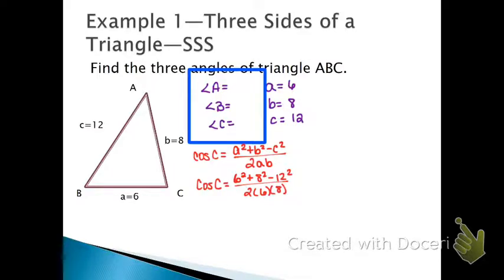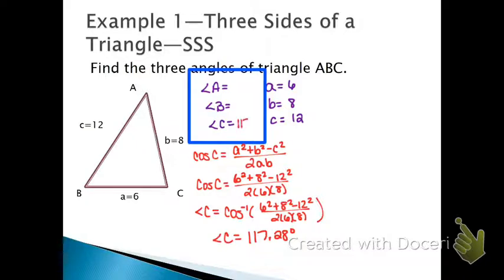But we're after an angle, so how do you find an angle? Good, we're going to hit the inverse cosine of all of that. Alright, so type that in and let's see what we get. Alright, so we get for angle C, it's 117.28 degrees.